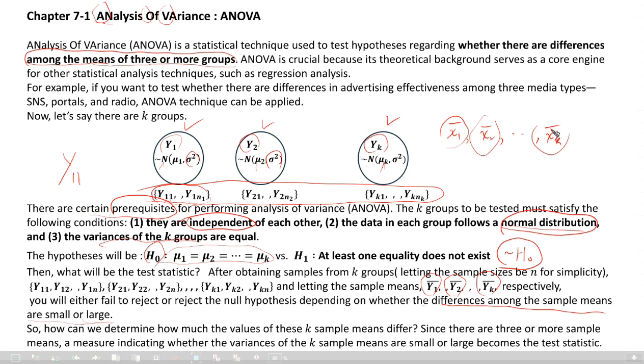If the variance of sample means is large, then the dispersion of these sample means is big. So the test statistic in ANOVA will be decided in this sense.